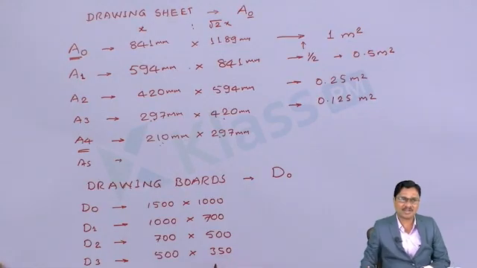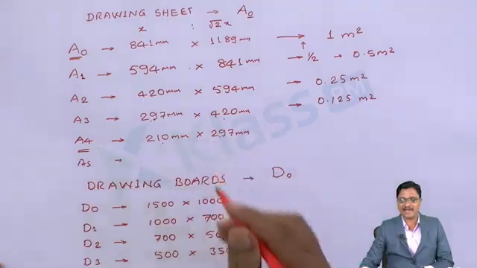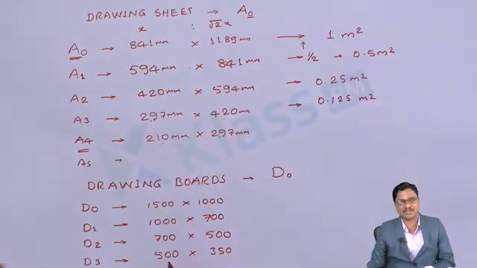Due to the availability of wood machines, this is not accurate to the ratio of 1:2, but here and there we can meet it. The lower size, D3, is 500 mm by 350 mm.